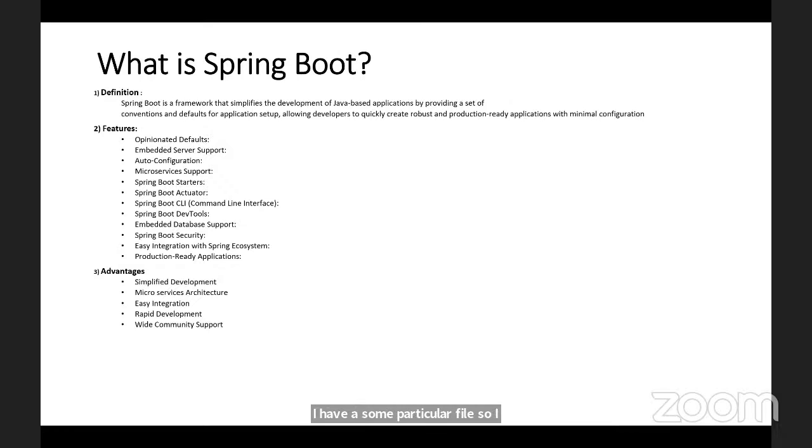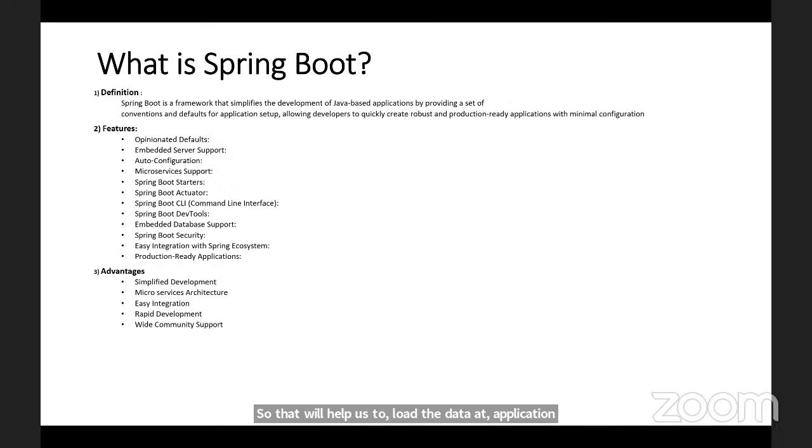If I want to load the data when the application is started, we implement this command line interface. Then we have to override the command line interface method. That will help us to load the data at application starting time.